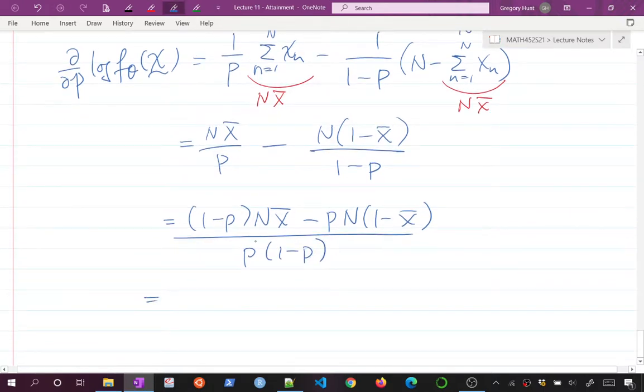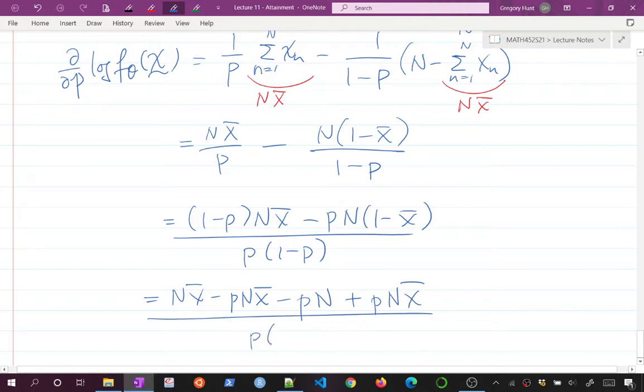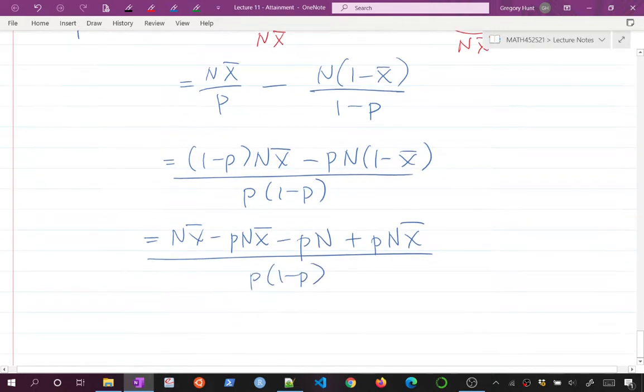And just a bunch of algebra here, nothing too bad. n x bar minus p n x bar minus pn plus pn x bar, all over p times 1 minus p. Whew. Okay.